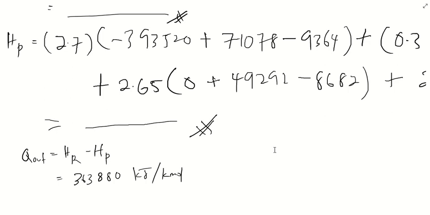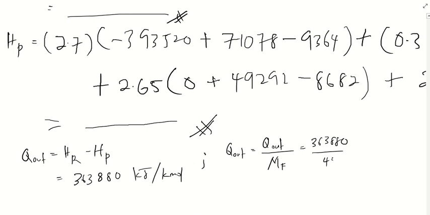Next, if you want to find the value of Q in terms of kilojoule per kilogram, we need this Q divided by the molar mass of fuel, which is 363,880 divided by 44.